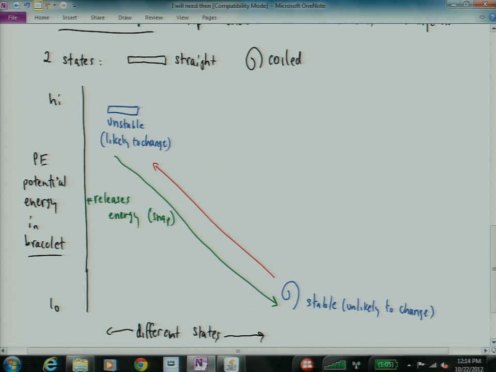This would also be called the favored reaction. It is more likely to happen. It is also spontaneous in a thermodynamic sense. And the energy of the bracelet decreases.